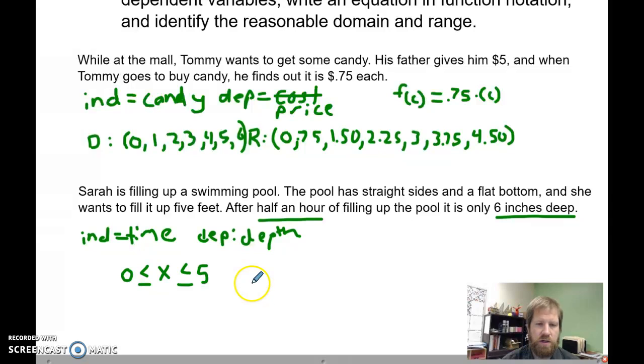And then our range is going to be 0 inches or 0 feet, depending on how you want to look at it, and that is going to be less than or equal to our depth, which will be y, which is less than or equal to our 5 feet, or let's make it inches. Let's go 60 inches, because that's where we want to stop.